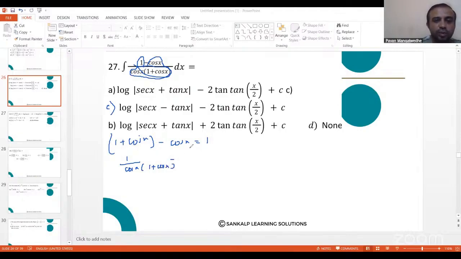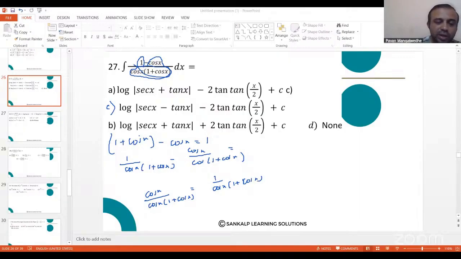minus cos x upon cos x of 1 plus cos x. That is the split, and try to resolve this. On resolving this, we are going to get cos x upon cos x plus 1 plus cos x, which is equal to 1 upon cos x plus 1 plus cos x, on transferring cos to the upper side of that equal sign.